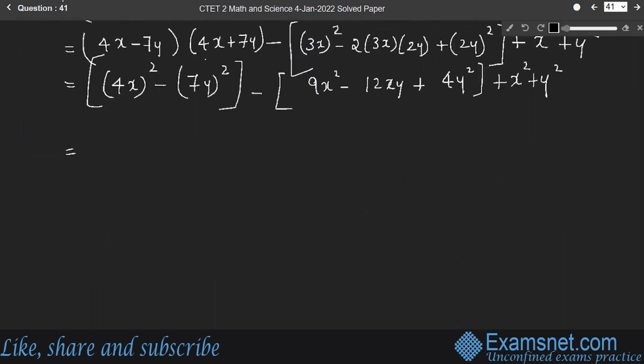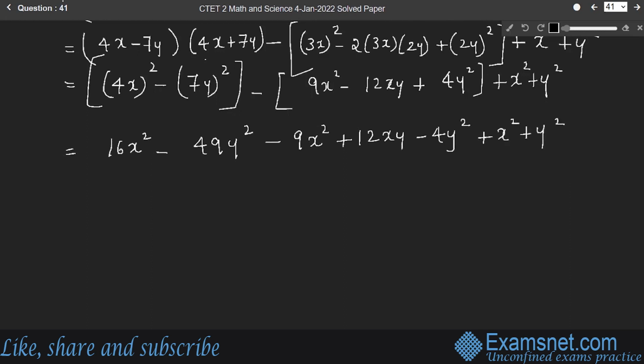Therefore, 16x square minus 49y square minus of 9x square minus 12xy plus 4y square, plus x square plus y square.